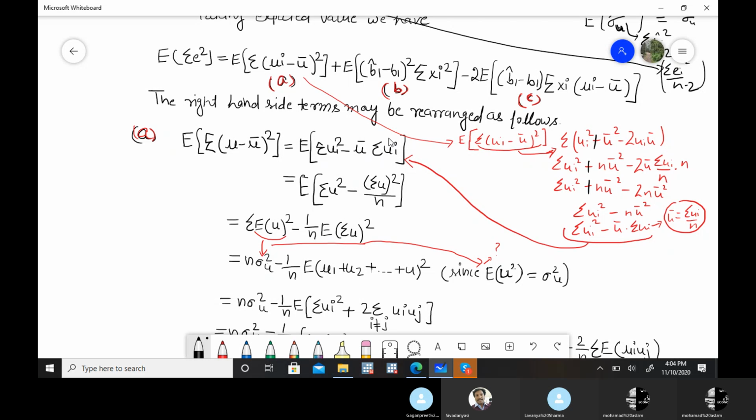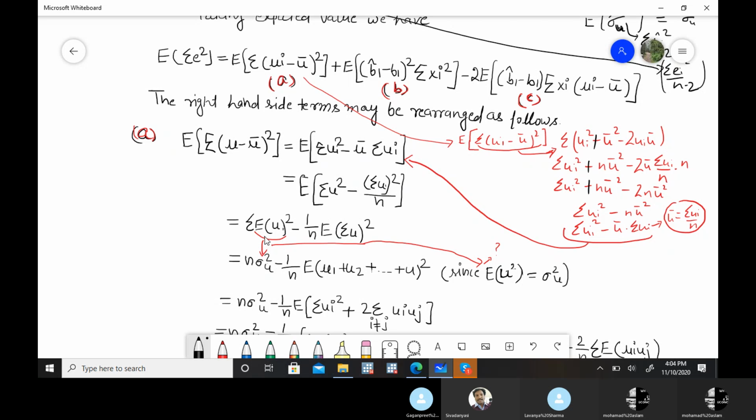Now here in place of mean, just write summation ui upon n. So it's a square, and if we take expectation, that's only with this residual random term. Any doubt so far till this particular term?